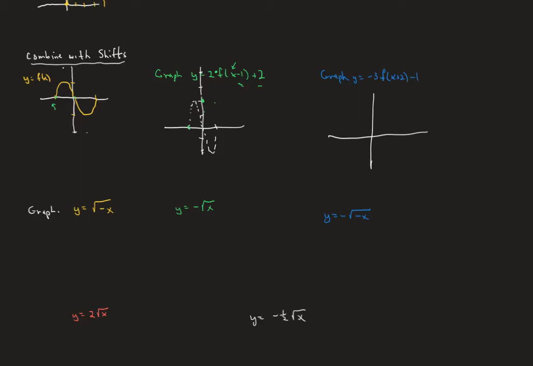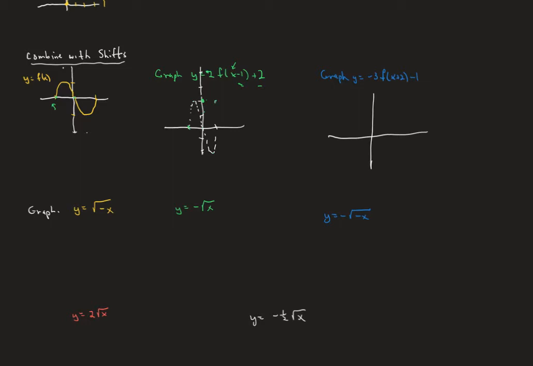And this point that was at a half, I didn't do that right. Let me go back. So this point is going to go over 1 and up 2, so that's going to be at a half and 4. And the origin multiplied by 2 is still there.